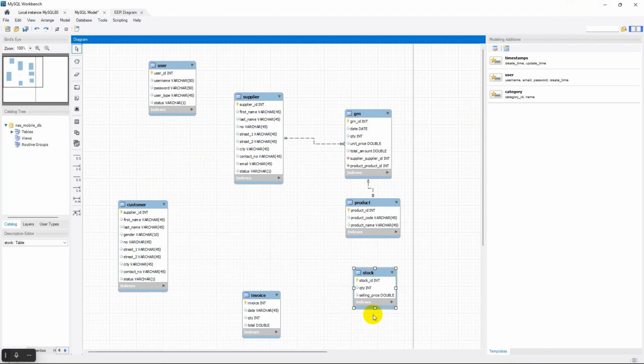So there can be different stocks with different up-to-date prices belonging to one product. So this is a one-to-many relationship. Let's move to the next question.